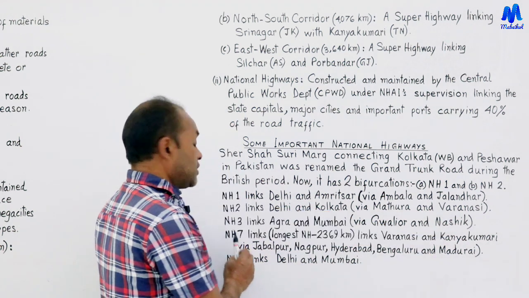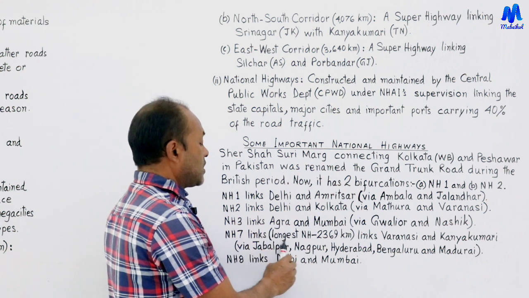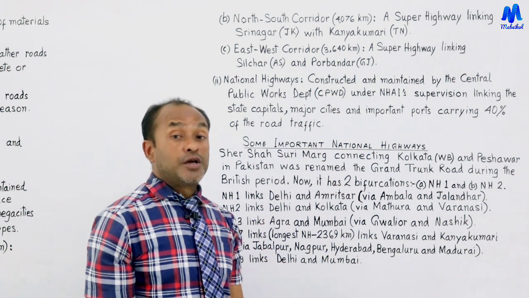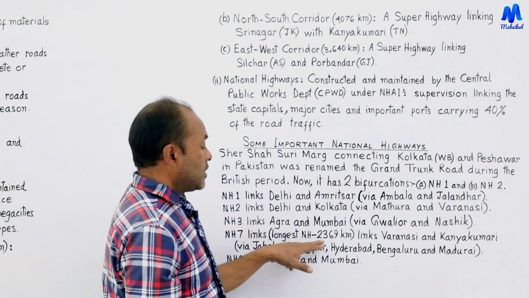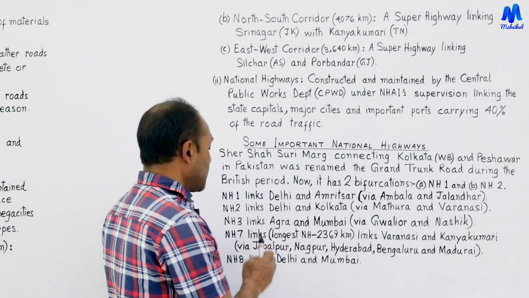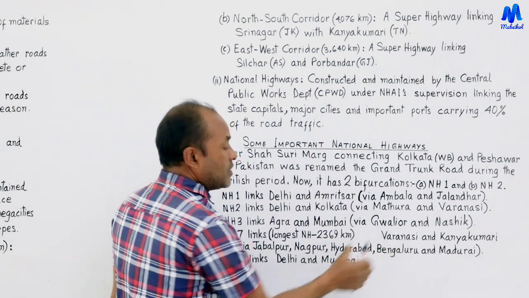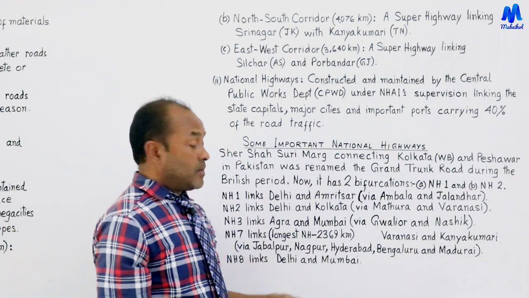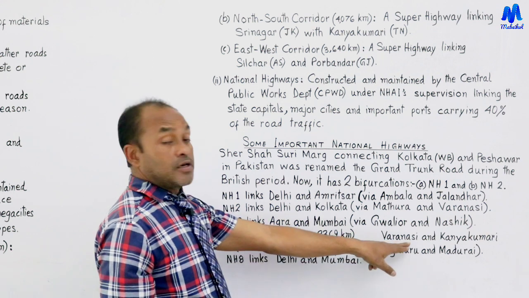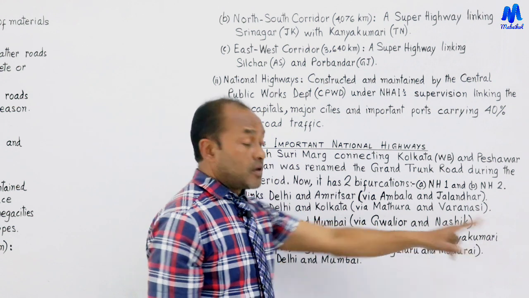Okay. National Highway number 7 is the longest national highway in India, and the length is 2,369 kilometers. This national highway links Varanasi and Kanyakumari. Varanasi is in Uttar Pradesh and Kanyakumari is in Tamil Nadu.